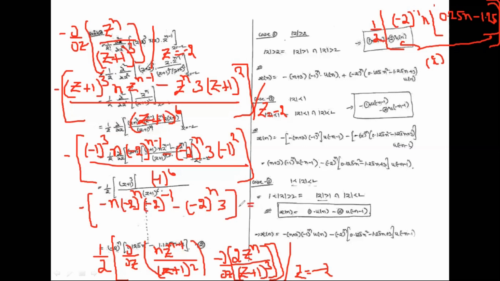So take (minus 2) whole power n as a common, and the n term is there, n into (minus 2) whole power minus 1. It becomes 1 by minus 2, nothing but minus 0.5. And minus into minus becomes a plus. Minus 2 whole power n, get the common, the 3.